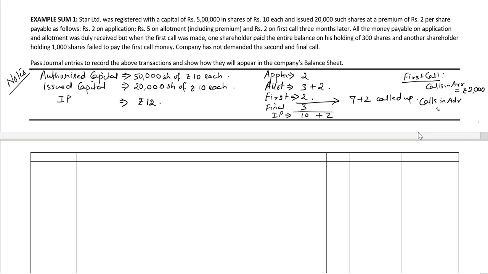So the final call should be rupees 3, which has not been called up. So calls in advance is 300 shares multiplied by 3 rupees per share, which is rupees 900. So let's go ahead with preparing the journal entries.